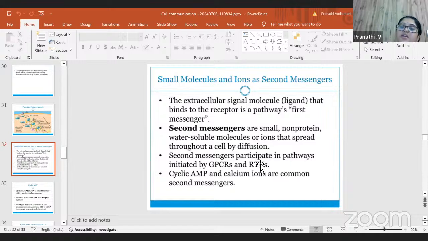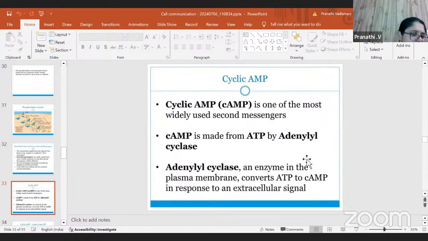Small molecules and ions act as secondary messengers. Molecules and systems involved with secondary messengers include G protein coupled receptors, receptor tyrosine kinases, the cAMP pathway, calcium ions, sodium ions, and inositol phosphate. So there are different kinds of secondary messenger systems present intracellularly.